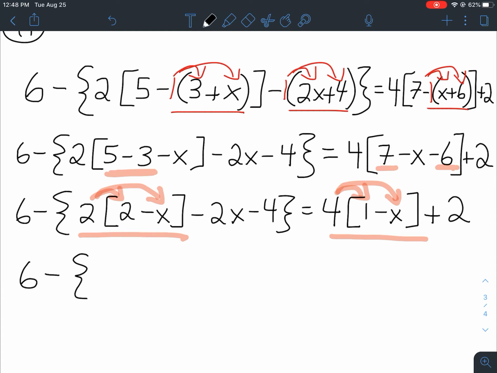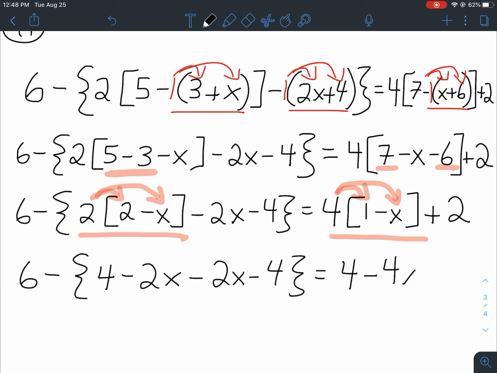So 6 minus, and now I'm doing distributive property again. 2 times 2 is 4. 2 times -x is -2x. I no longer have that bracket because I distributed to get rid of it, and I keep everything else the same. Same thing on the right side, distribute. 4 times 1 is 4. 4 times -x is -4x. Keep my +2.